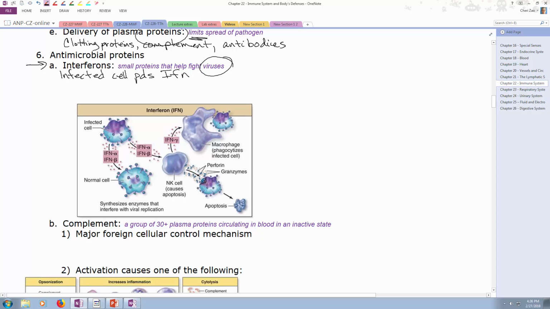They produce interferon and release it into the interstitial spaces around it, and the surrounding cells will actually take up this interferon, and then are able to prevent the virus, which is going to try to attack it, from actually replicating.